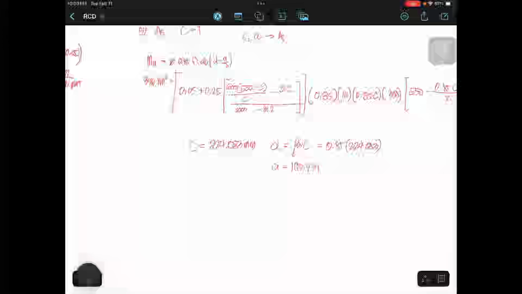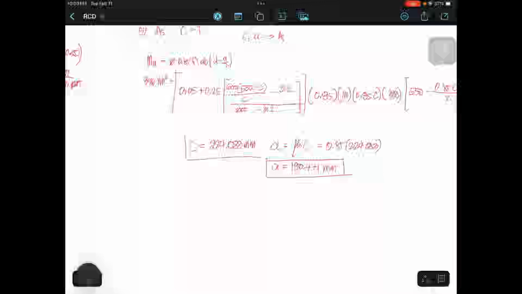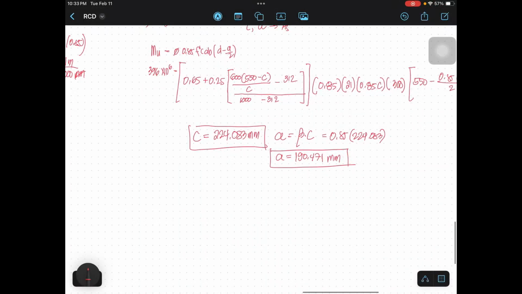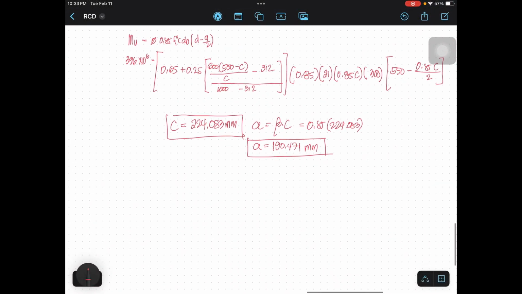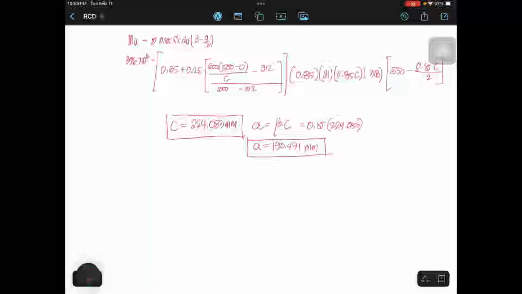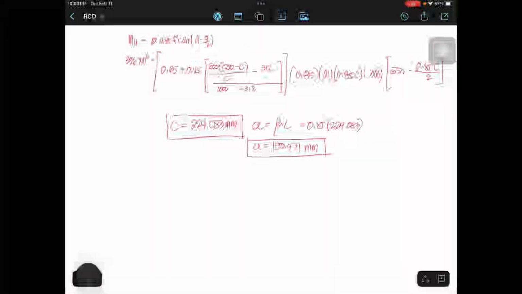Since our unit is millimeter, the depth of the compression block is also in millimeter. Okay. Next, after we get the distance from the neutral axis and the depth of the compression block, we can compute the tensile strength based on these given parameters.